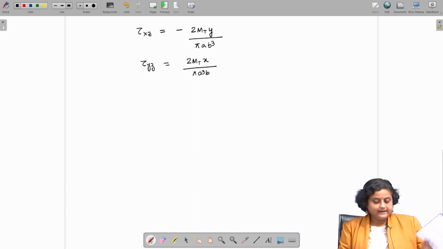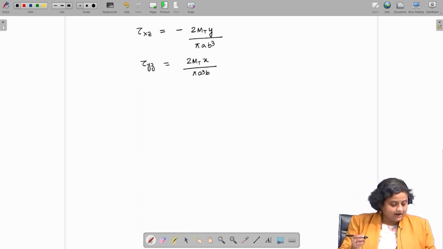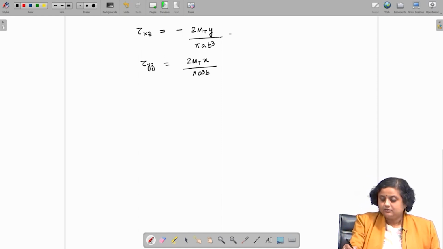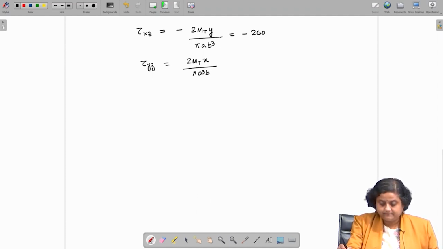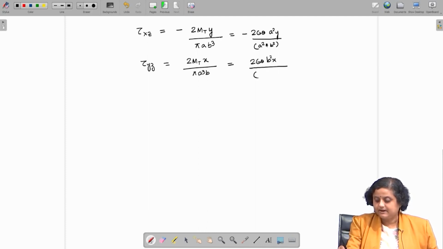Initially I had tau xz equal to minus 2G theta a square y by a square plus b square, and tau yz equal to 2G theta b square x by a square plus b square.